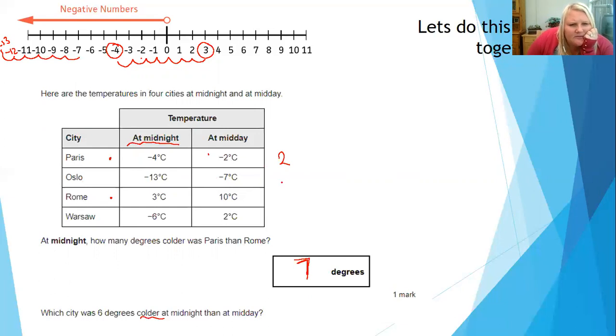Oh, so it might well be Oslo. What about Rome at midnight and midday? You've got 3 to 10. 1, 2, 3, 4, 5, 6, 7. Oh, it's not that one. And -6 to 2 for Warsaw. 1, 2, 3, 4, 5, 6, 7, 8. So we have worked out the answer is Oslo. Well done.